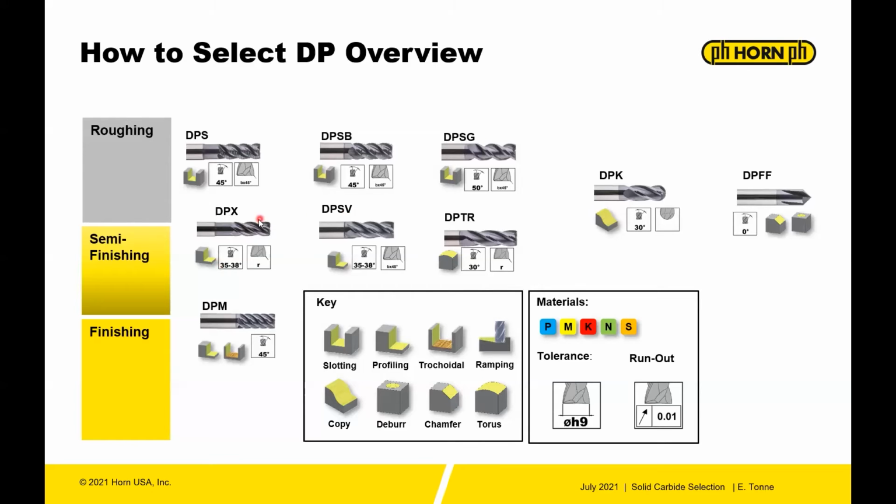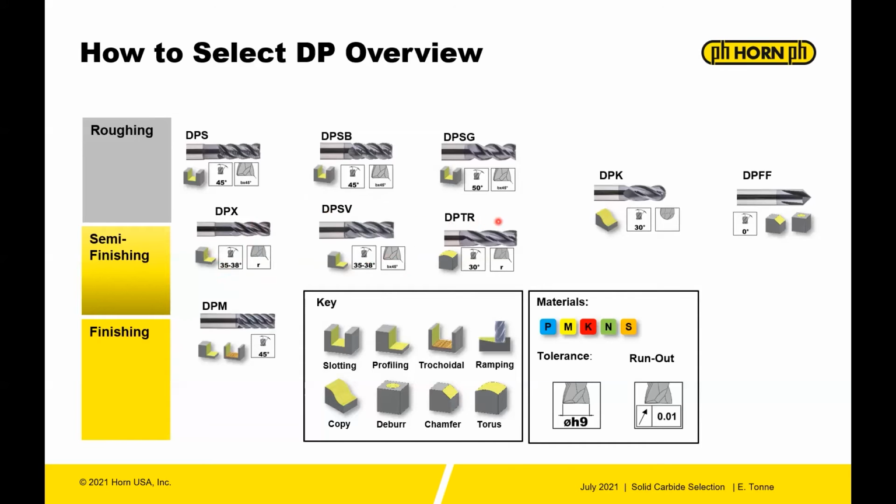The difference between the DPX and the DPSV is that you have a radius on the DPX and you have a corner chamfer on the DPSV. So both have a 35 to 38 variable helix, and both cover sort of the same range of applications, just one with a chamfer and one with a rad.